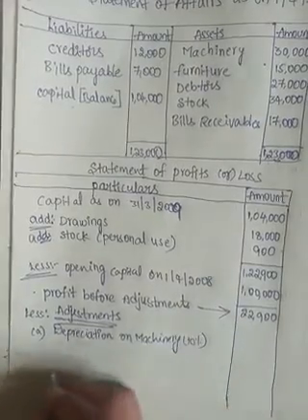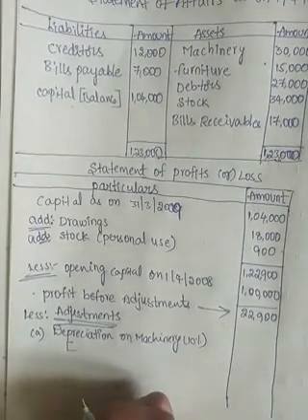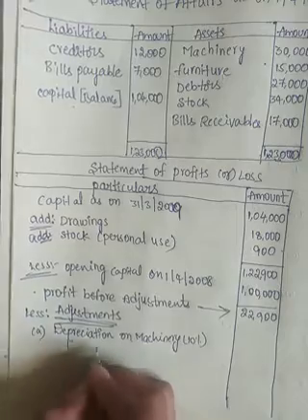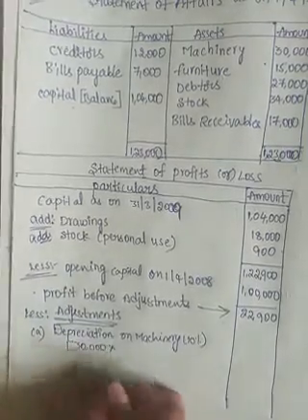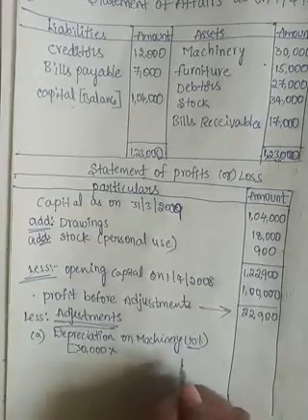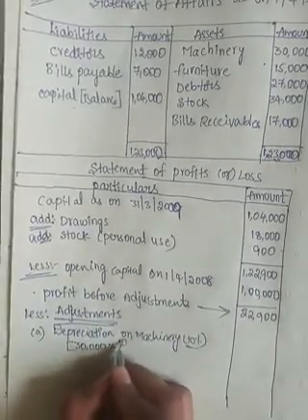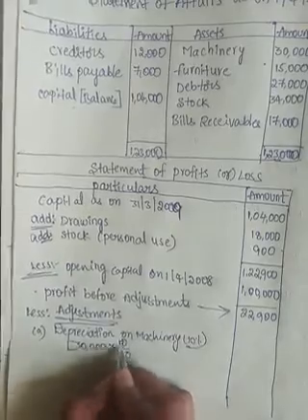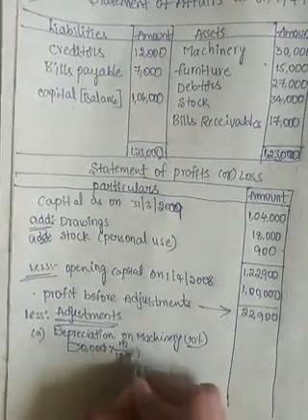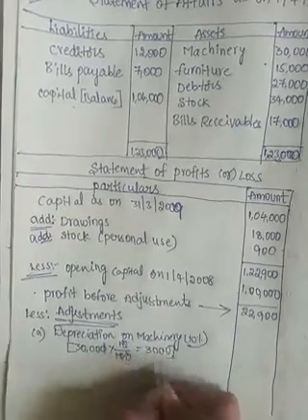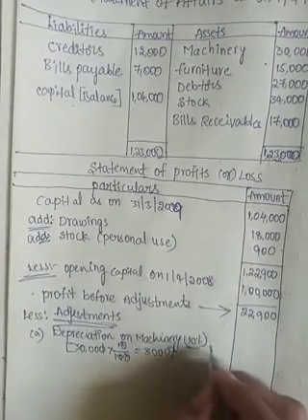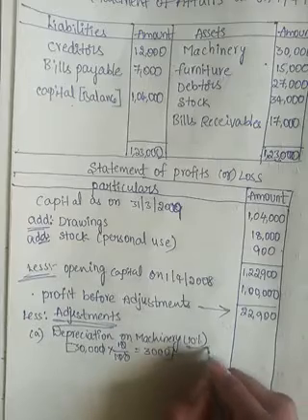The machinery value is 30,000, so that is 30,000 into 10%. 10% means 10 by 100, which is 3,000. That is the depreciation value.